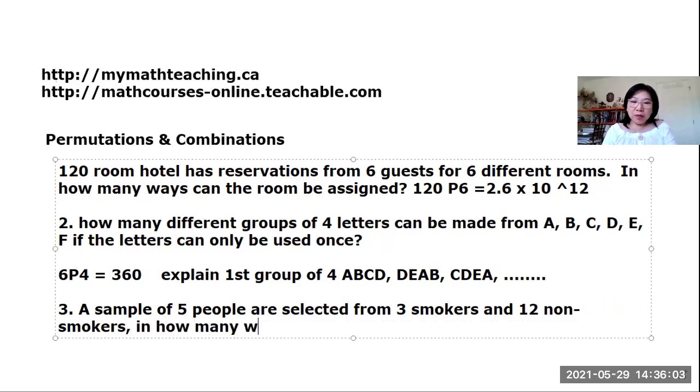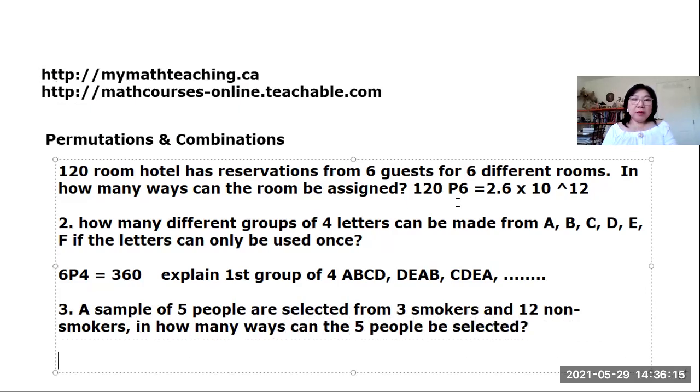In how many ways can the 5 people be selected? So let's think about this question. You have 15 people, and you want to choose 5 people from 15 people, 3 smokers and 12 non-smokers. In how many ways can the 5 people be selected?